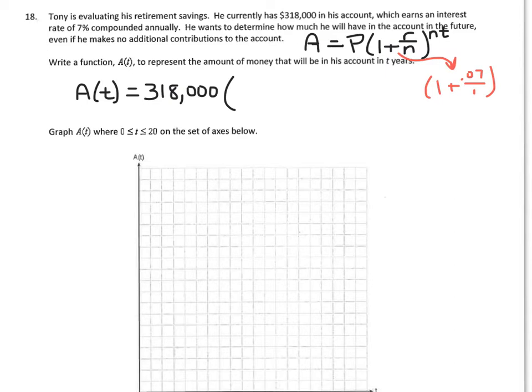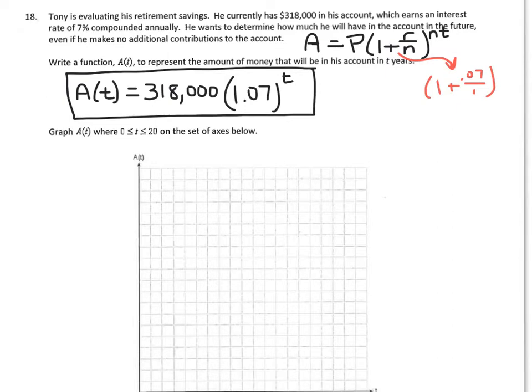So that's what I'm just going to write in parentheses to make it a little easier, 1.07. And then we're going to raise that to the n times t power. Well, n, we already know is 1. Compounded annually means once a year. So 1 times t is just going to be t. So here's our formula, kind of in simplest form, with everything combined.